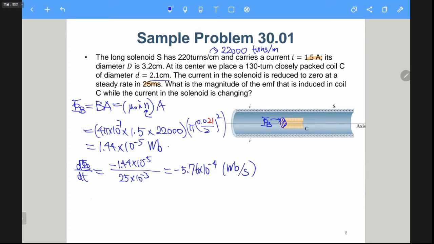So finally, we can get the induced EMF E to be minus N d phi B dt, which is here 130 turns, minus 130 times d phi B dt, which is minus 5.76 times 10 to minus 4th power, which is 75 millivolt.